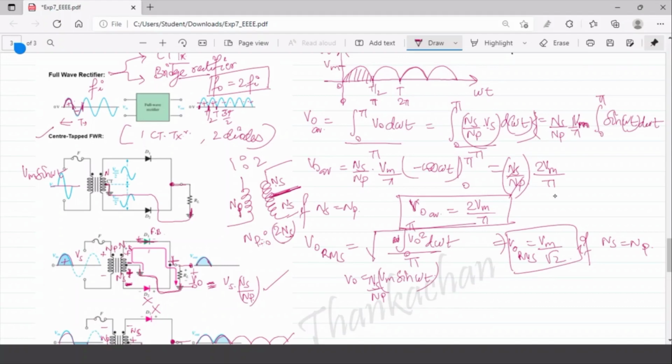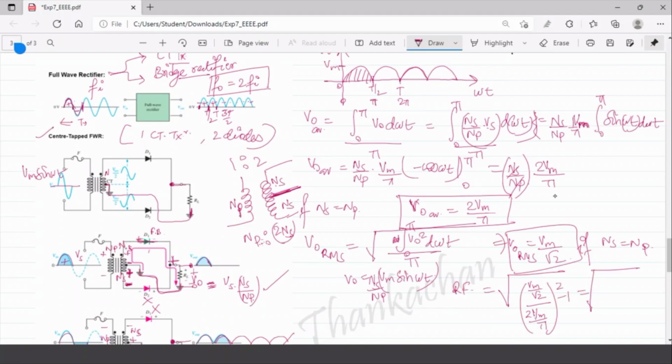And if I ask you to find out what is the ripple factor here, ripple factor is the root of RMS divided by average, square, minus 1. So RMS is Vm by root 2 divided by average, which is 2 Vm by pi, the whole square, minus 1. So that comes out to be how much?